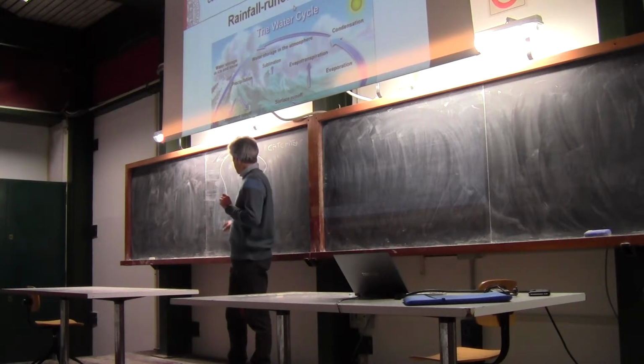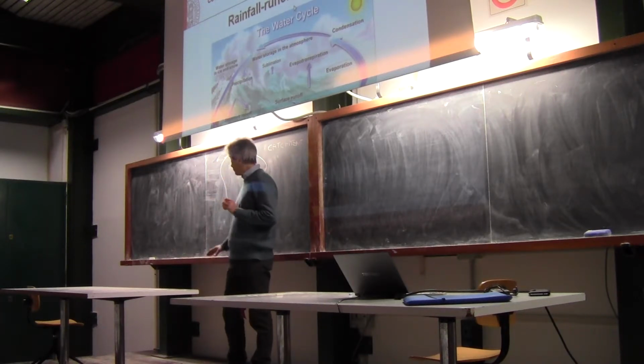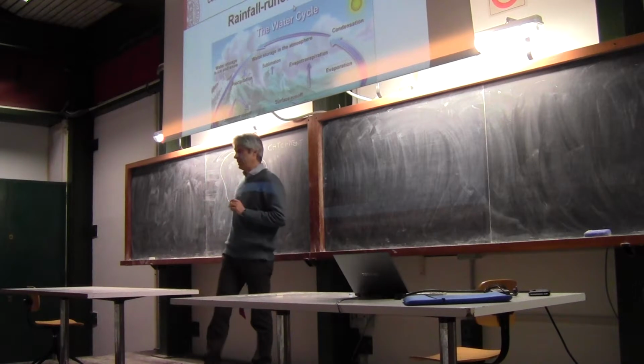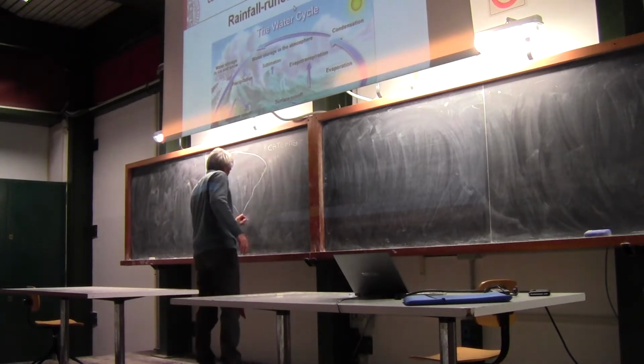So again, it's the area such that the rainfall that falls over there, and only that rainfall, contributes to the river flow at the closure section. Closure.